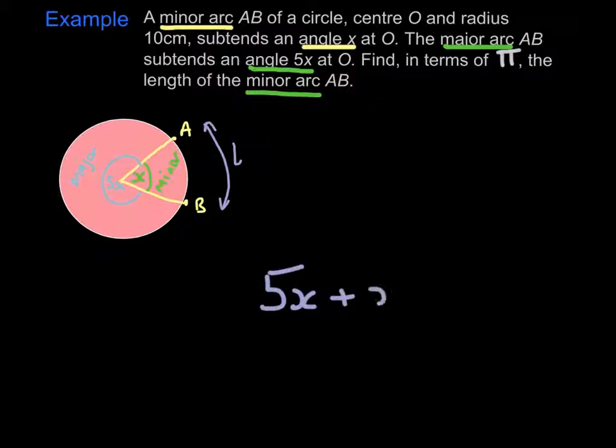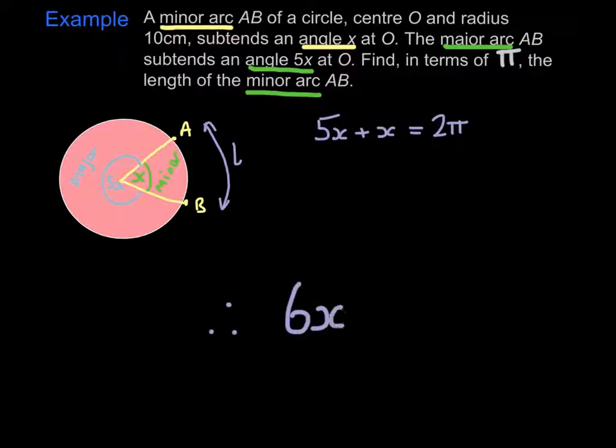So if we add those two expressions together, 5x plus x, that's going to be equal to 2 pi. Because remember, the 5x plus x is a full turn, and we're dealing in radians, so a full turn is 2 pi radians. Remember, 2 pi is the same as 360. So that's 6x is equal to 2 pi.